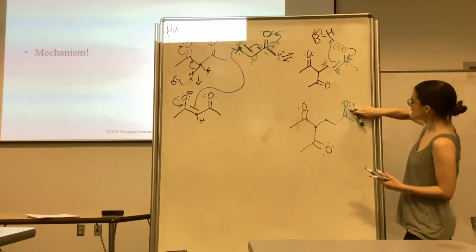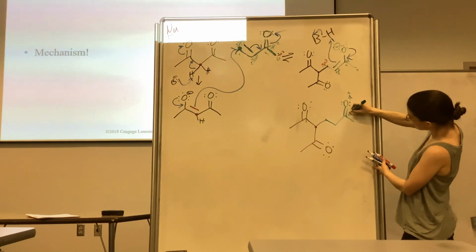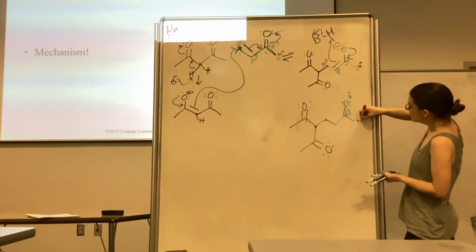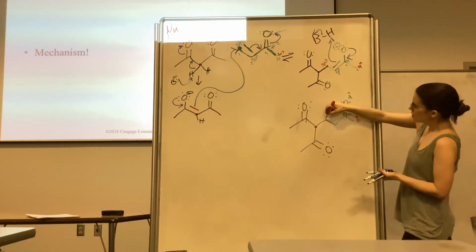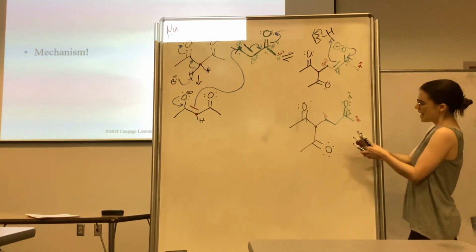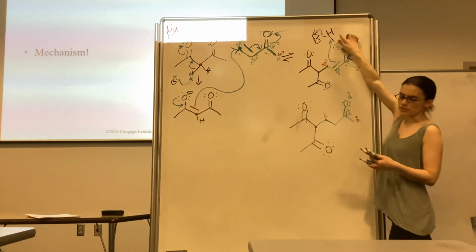We just reformed this, so this gets to stay sp2, this gets to stay sp2, this guy was sp3 all along, this guy became sp3 when we attacked it in the first place, and these electrons that started here went and got a proton.